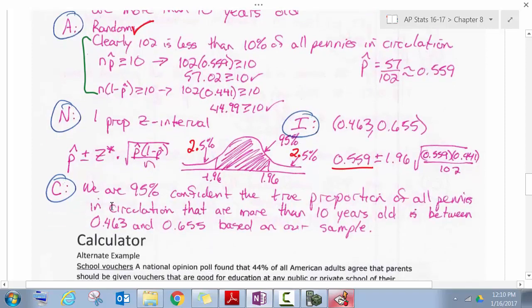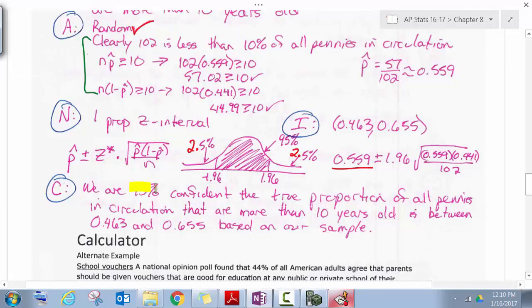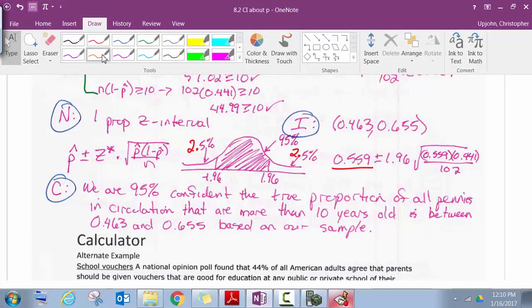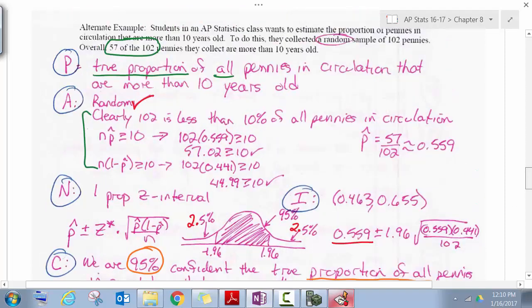Then last, C, we need to interpret our conclusion. We are 95% confident that the true proportion, and this was just copied right from P, right from up here.